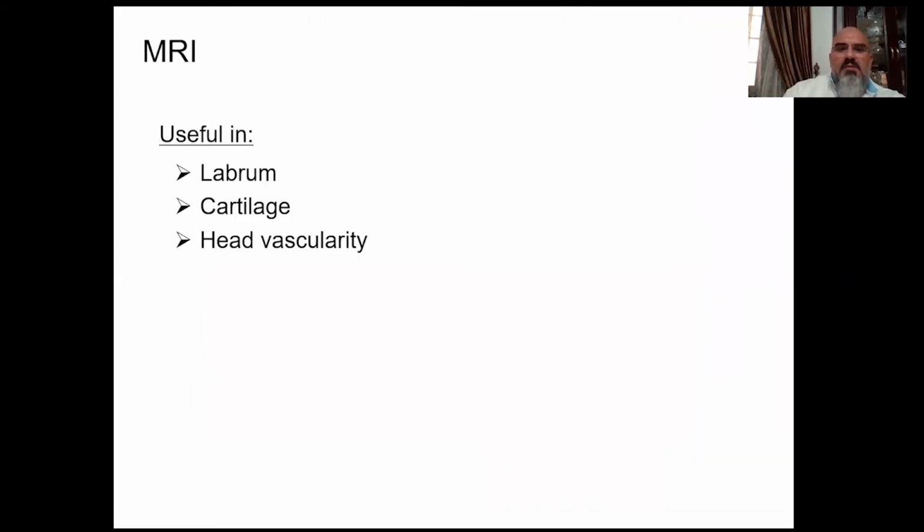MRI. MRI is not usually used in the initial assessment of hip dislocation. It's an investigation which is useful to evaluate the sequelae of the hip dislocation, to evaluate the labrum, to evaluate the cartilage, and to check the vascularity of the head of the femur after the dislocation and the reduction procedure for correction of such an injury.